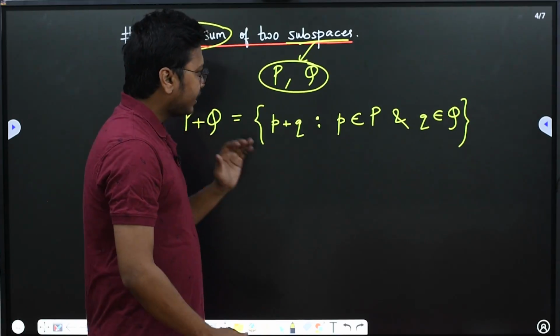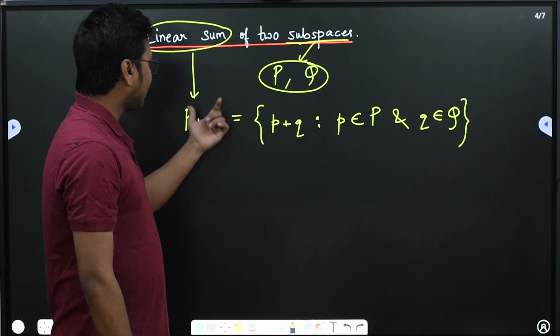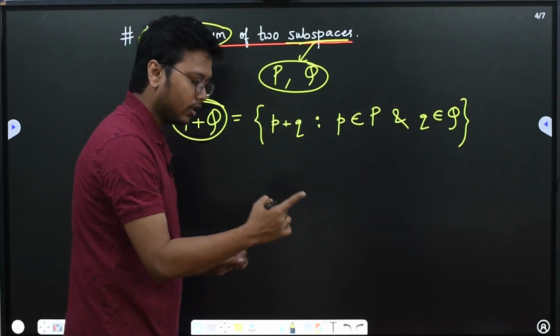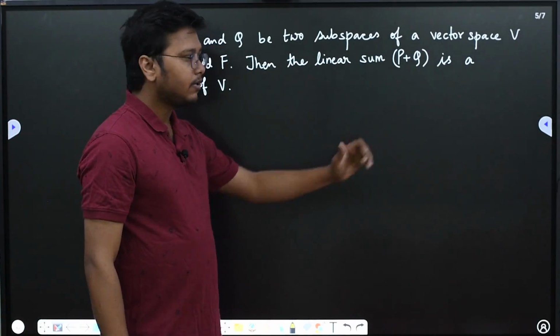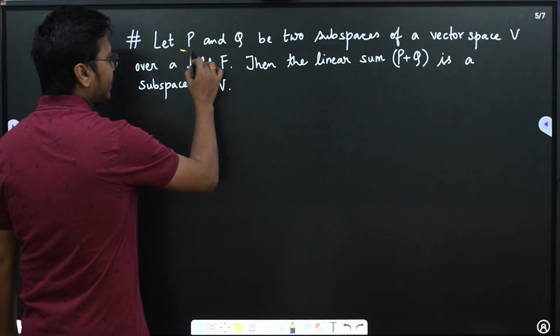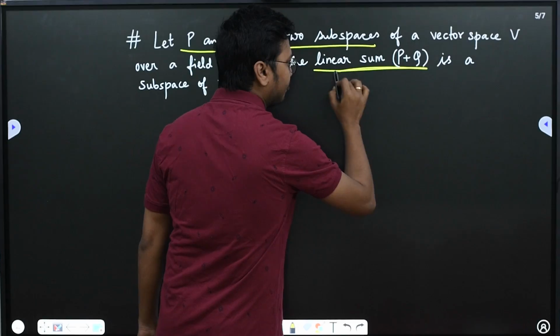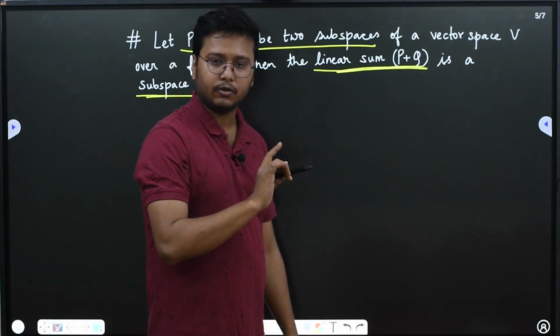Okay, so now that we know the definition of linear sum, we want to know whether linear sum itself forms a subspace or not. So now we will be proving this theorem where we will show that if P and Q are two subspaces of a vector space, then the linear sum P plus Q will also be a subspace of that particular vector space.